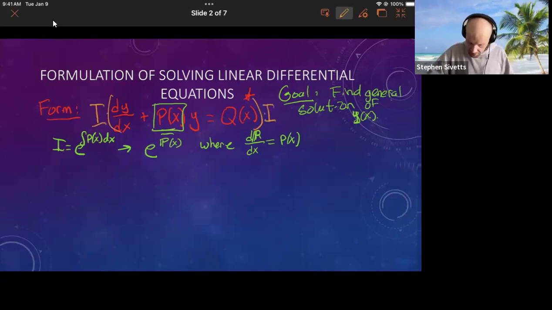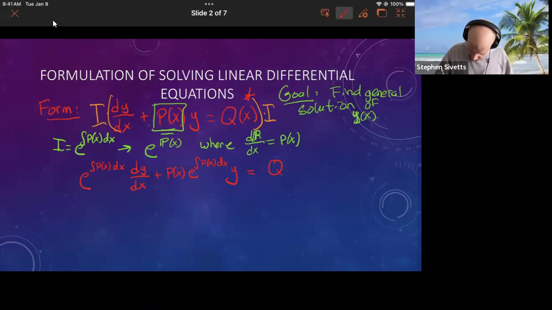And what turns out is we'll have an equation that looks like this. So I'll have e raised to the integral of p of x dx times dy dx, plus p of x times e raised to the integral of p of x dx times y. And this would equal q of x times e raised to the integral of p of x dx. So it looks like this.